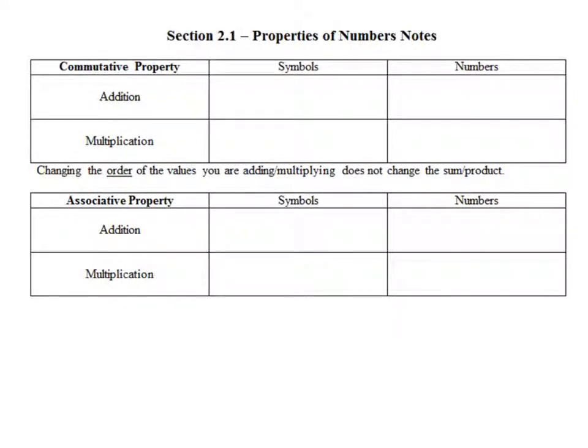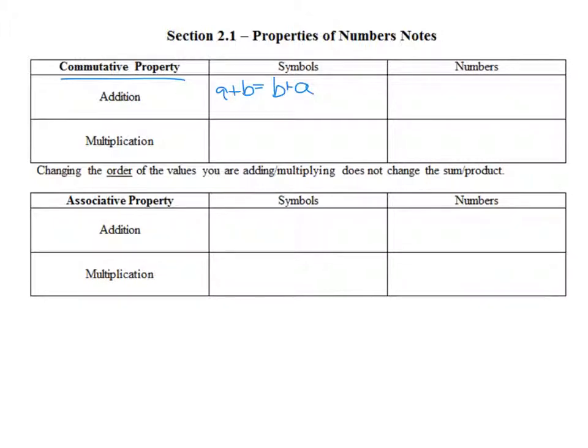Okay, this lesson is about different properties of numbers. So, the commutative property is changing the order. In symbols, you can change the order in addition because A plus B is the same thing as B plus A. It doesn't matter what order you add numbers in, you're going to get the same answer.